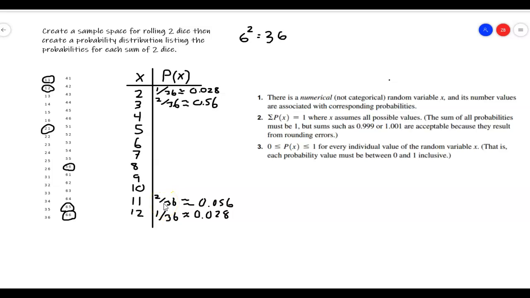You can't have 5, which is greater than 1. Now you can have 5%, because 5% converted to a decimal would be 0.05, which is less than 1. So all of our probabilities have to be between 0 and 1. And if all of these are met in this distribution table, then we consider that a probability distribution table.